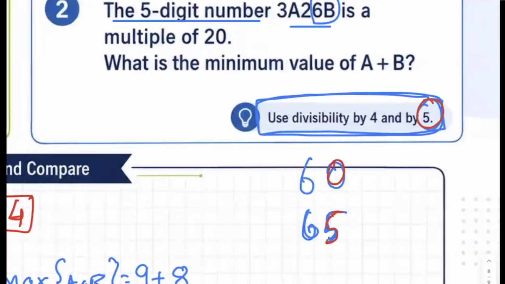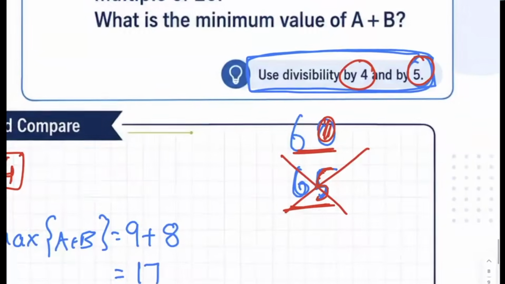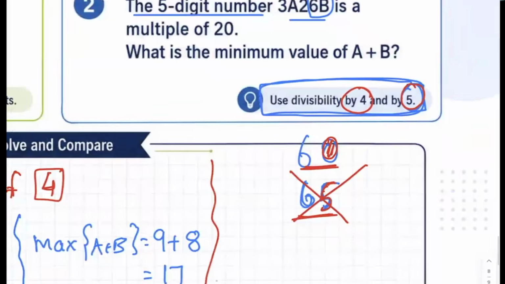And what about looking at divisibility by 4? For divisibility by 4, we can take any multiples of 4, for example 6, 0, 4, and 8. This is not working, right? No. Then you have to keep the 0 as the last number, right? Yes. Therefore, the minimum value of A plus B would be 0 plus 0 again, right?